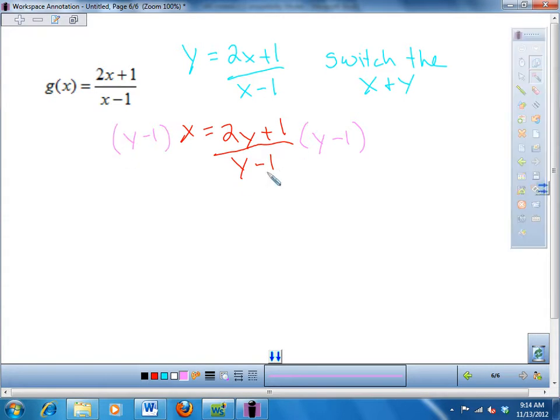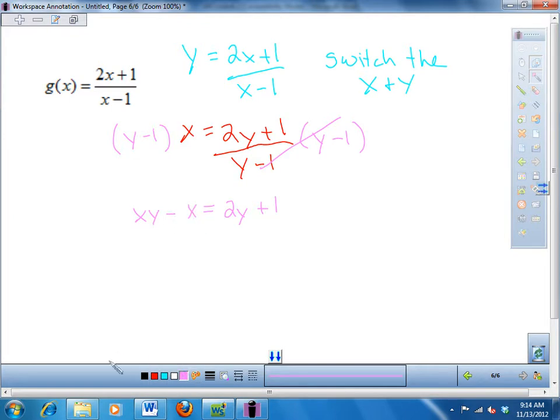And then follow these steps, because this is not that straightforward. You get 2y plus 1 equals, and you multiply this out, xy minus x. Everyone see what I did?